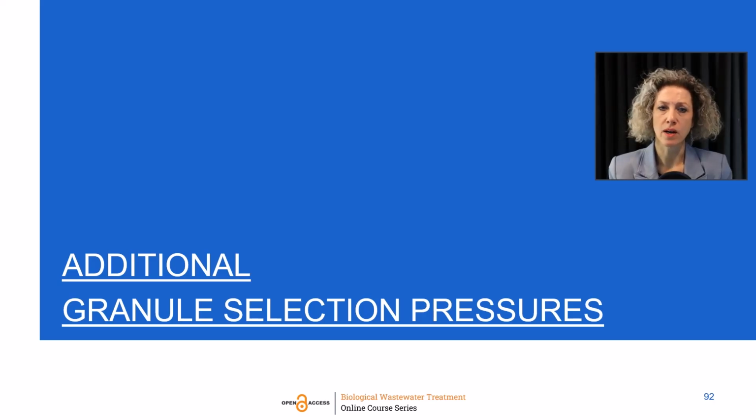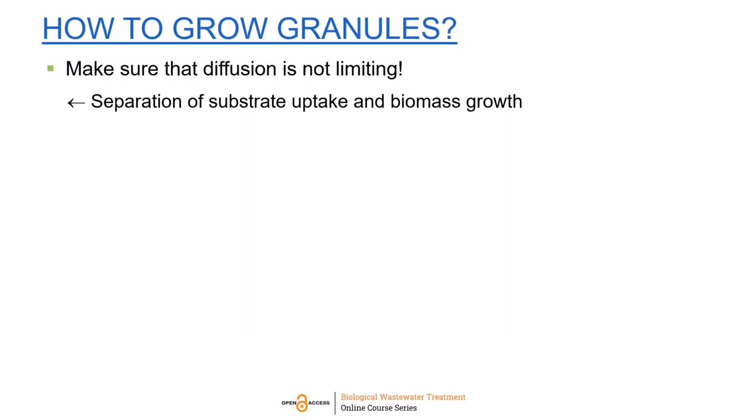And let's now have a look what are possible additional granule selection pressures that we can apply to grow granules in the reactor. We already know that the prime prerequisite for growing granules is to make sure that diffusion is not limiting. This condition is fulfilled by having an anaerobic feeding phase for substrate uptake and an aerobic reaction phase for biomass growth. This is the most important condition, but it is not the only one.